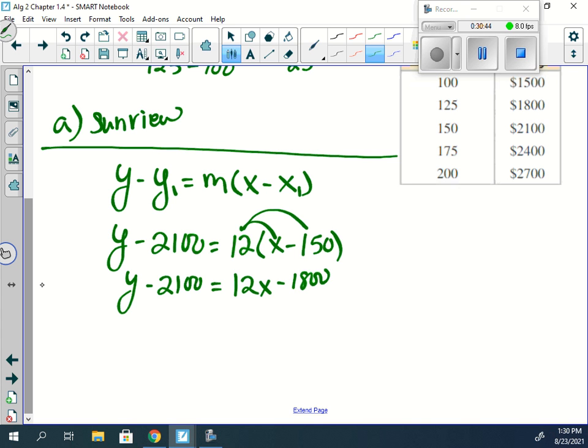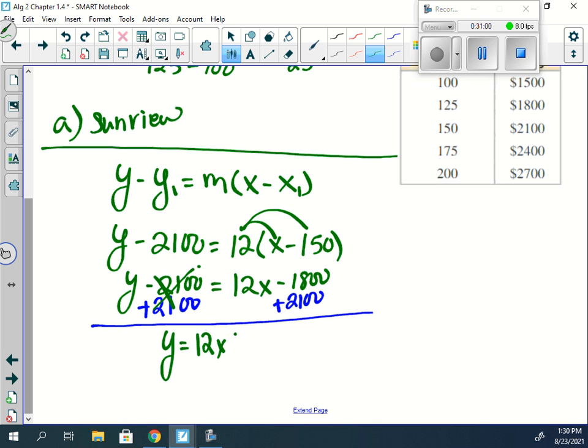What do we need to do next? We would add the 2100, because again, we want y by itself. These will cancel, telling us y is equal to 12x plus 300, and this here is our other equation.